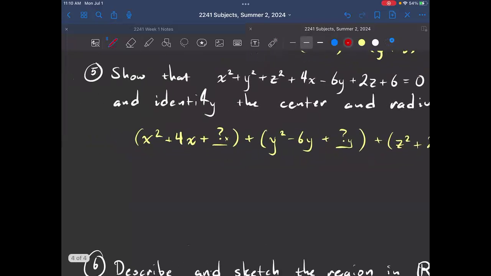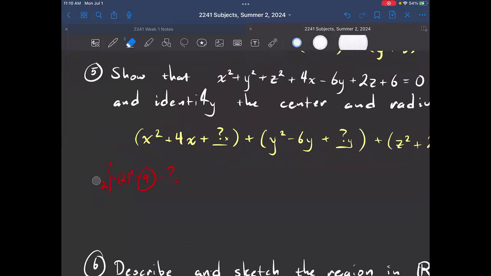But what we do here is we look at this middle number 4. We say, all right, 4 divided by 2 equals 2. And then I want to square that. Now, in this case, it turns out to be 4 again, but it won't always be that. So this is now our magic number. So that is question mark x. That's what gets added on.